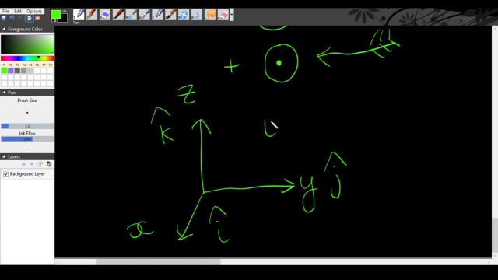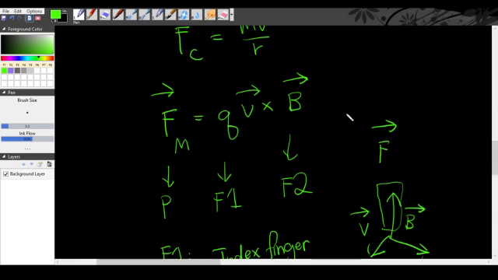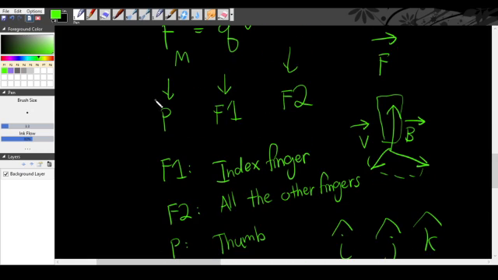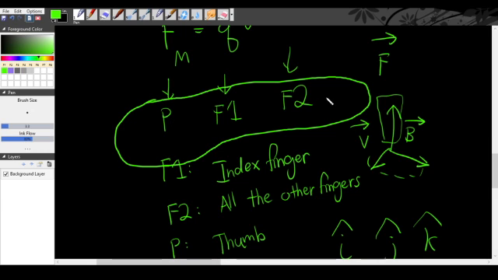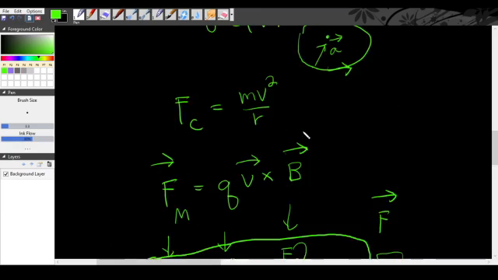And in fact, i hat crossed with j hat is actually k hat. So that's an interesting thing to note about cross products. And yes, with this, given P, F1, and F2, you can pretty much find the direction for any cross product using this.